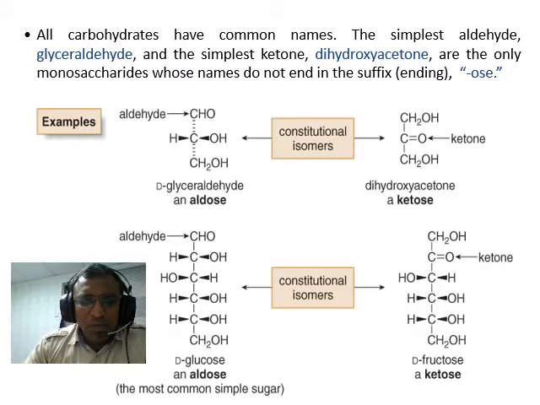Similarly, glucose and fructose are similar in terms of number of members, except being arranged to be either aldehyde or ketone. And glucose as well as fructose end with the suffix -ose, unlike glyceraldehyde and dihydroxyacetone, which still maintain their original names.